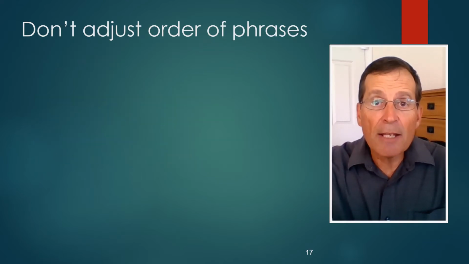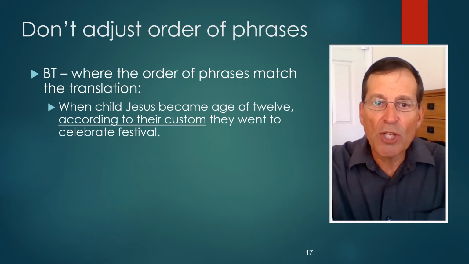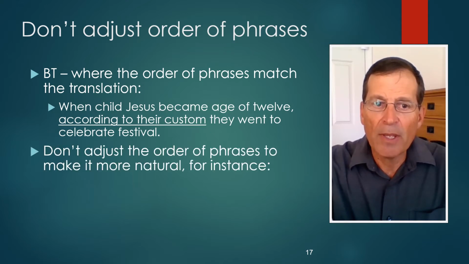Now it's best not to adjust the order of phrases. So here is an example of a back translation where the order of phrases match the translation. When child Jesus became age of 12, according to their custom, they went to celebrate festival. So don't adjust the order of the phrases to make it more natural.